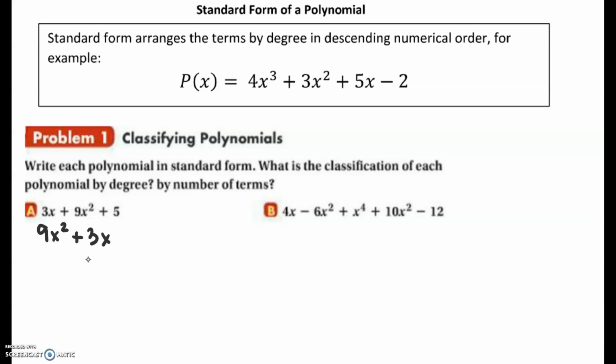And then my last is my lowest degree, which is this constant, 5. And now I'm going to classify by degree and number of terms. So the degree here is 2. We call that quadratic. And the number of terms, we have 1, 2, 3 terms. So this is a trinomial.